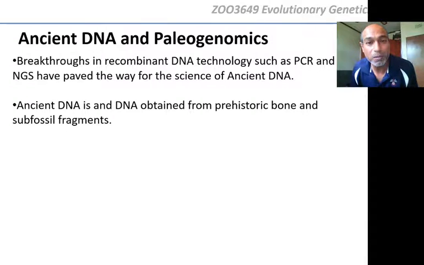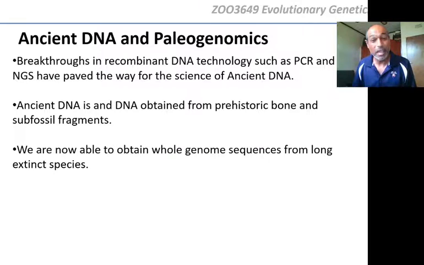How do you know? This is how we know. We've taken DNA from those Neanderthal and Denisova fossils and sequenced their whole genomes. And not just one, many of them. We now have whole genomes from long extinct species thanks to ancient DNA and the science of paleogenomics.